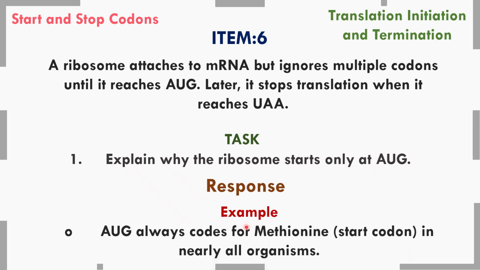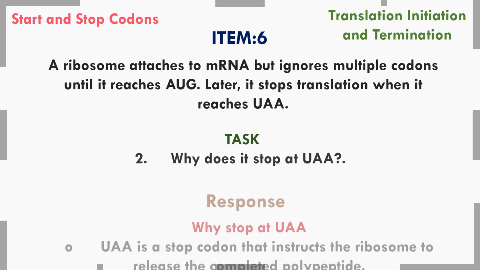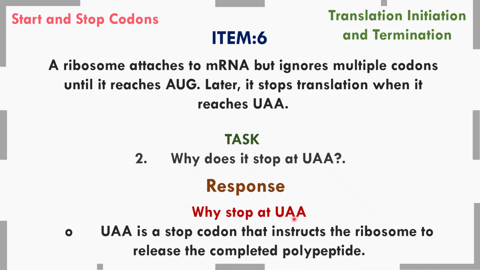Example: AUG always codes for methionine, a start codon in nearly all organisms. Why does it stop at UAA?